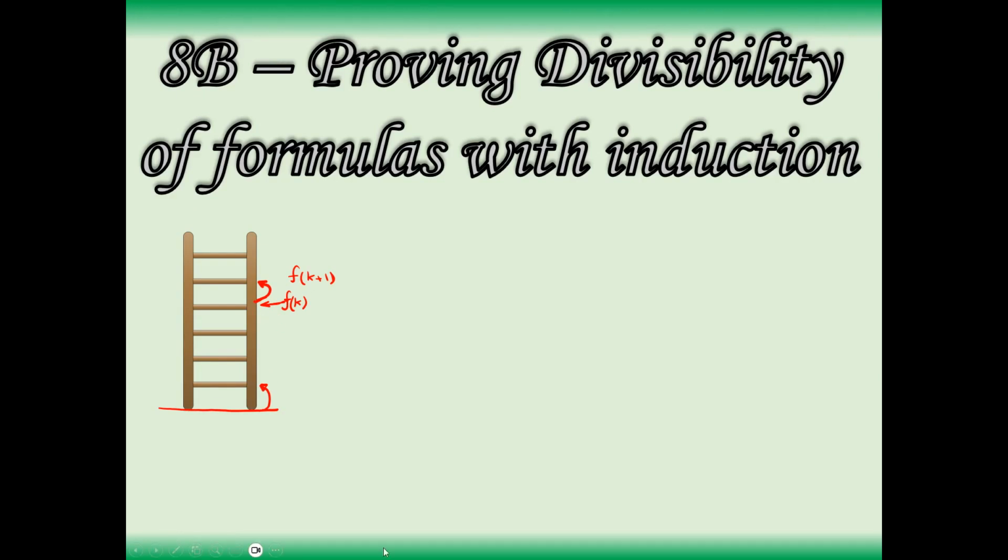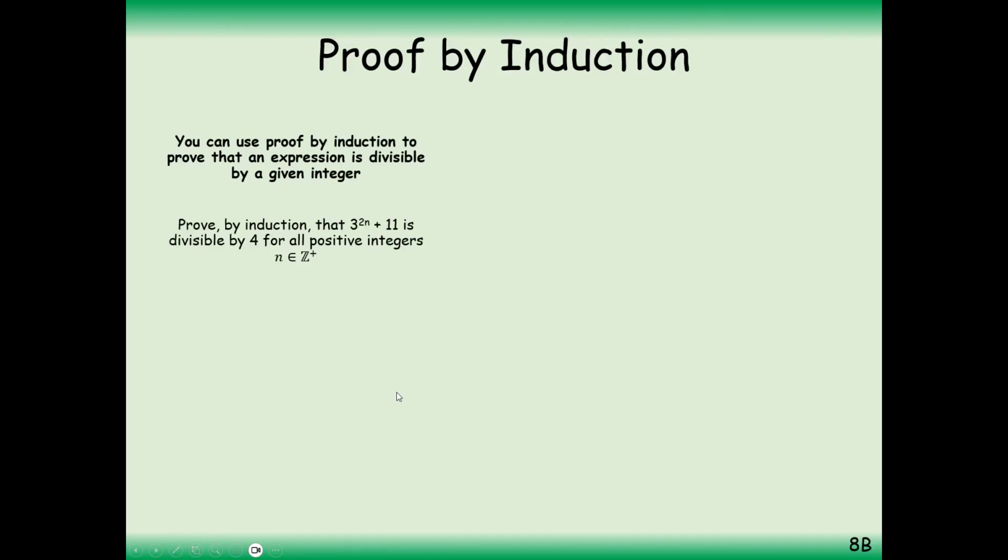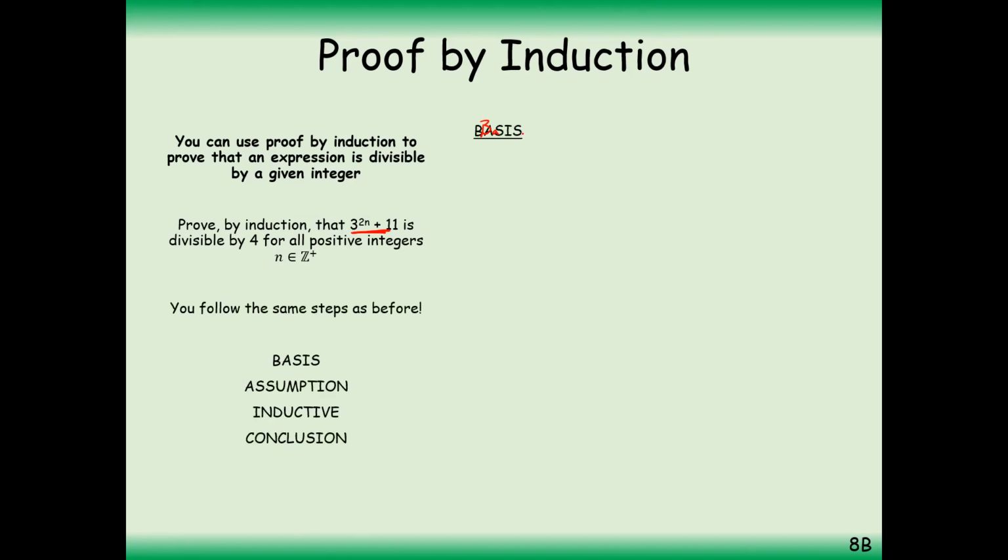All right, so let's start with a real example. In this formula, we've been asked to show that 3 to the power of 2n plus 11 is divisible by 4. So we take our base for our basis step. Okay, so that's step number one. We're going to say that n equals 1.